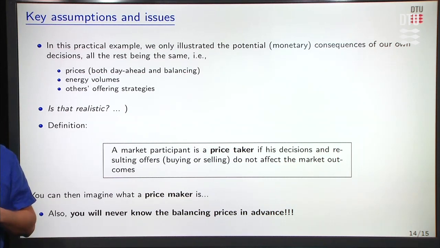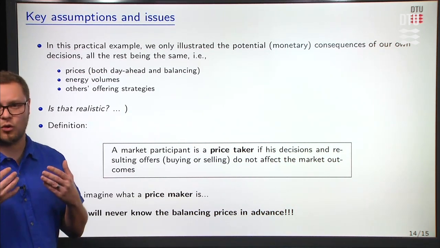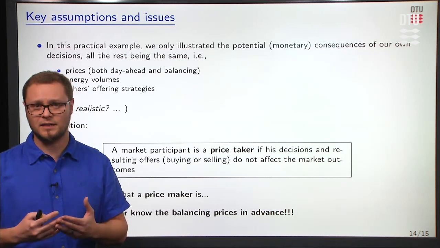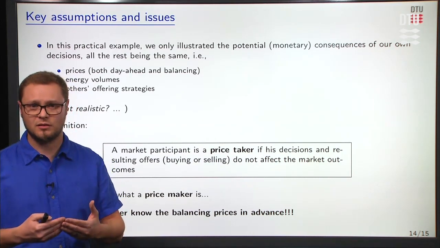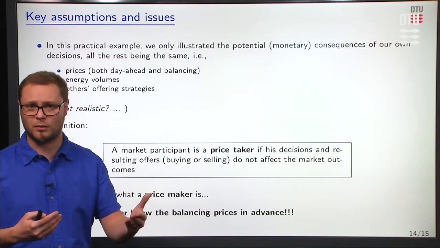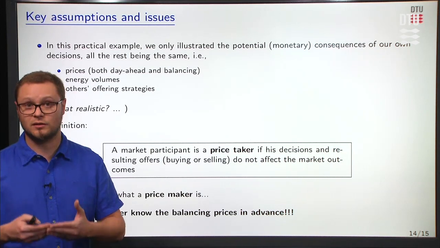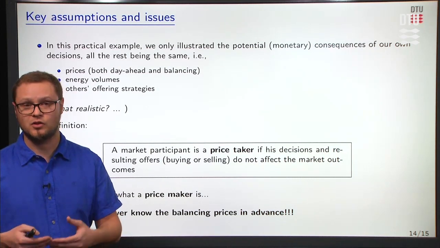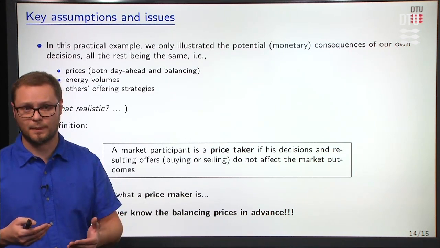Is this realistic? Do we think that whatever we do is not going to impact the market? Actually, this defines something which we call a price taker. A price taker is someone who enters the market, makes decisions, so places offers in terms of volume and price, and whatever this market participant does, it doesn't affect the market outcomes. So the clearing prices, the volumes in the market, etc.